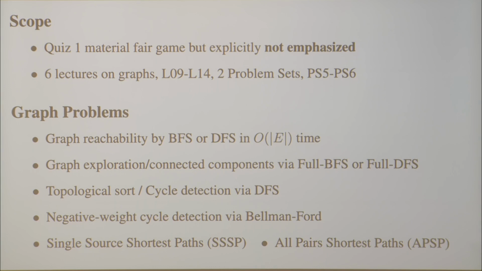Then we talked about exploring an entire graph, even if it's disconnected, not necessarily from a source, right? Just touching every vertex in a graph. Of course, we can just touch every vertex in a graph, right? I can look at the adjacency representation of my graph and just go through it. But here we're trying to explore the whole graph, maybe count how many things are reachable from each other in the graph.